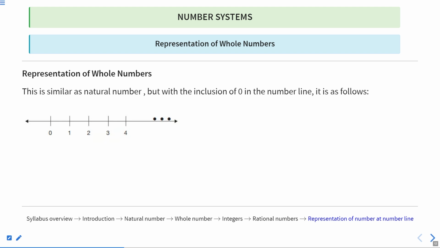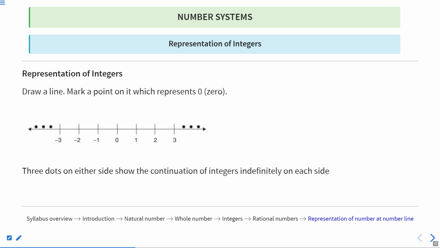Now let us see how to represent integers. We know what integers are: the set of integers Z is equal to {..., -3, -2, -1, 0, 1, 2, 3, ...}. First of all, we draw a line and mark a point which represents 0, and then three dots on either side show the continuation of integers indefinitely on each side.